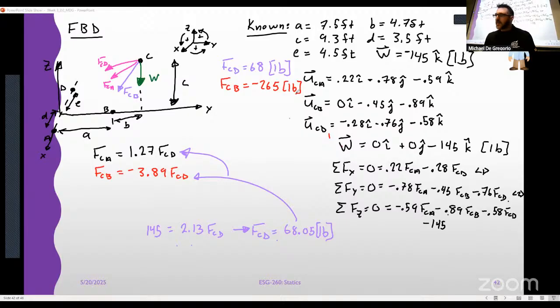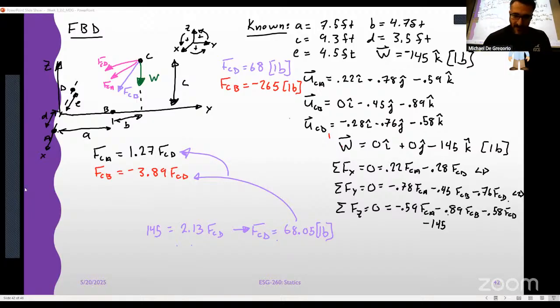I want you to notice that that came out as negative. That indicates that we chose poorly, and FCB is actually in compression, which is fine because it is a metal link. It is not a rope. Great. Also plays into the next part of our problem, which we will talk about in a second.